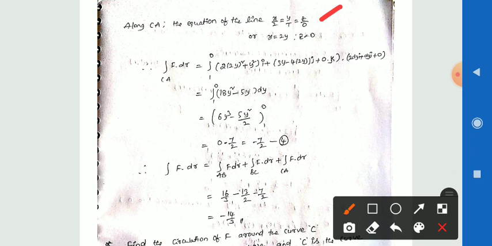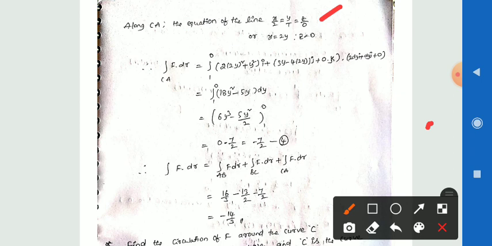By the dot product we have integration 1 to 0 of (18y square minus 5y) dy. By integration we get 6y cube minus 5y square by 2, and substituting the limits 1 to 0 we get 0 minus 7 by 2, that is equal to minus 7 by 2.